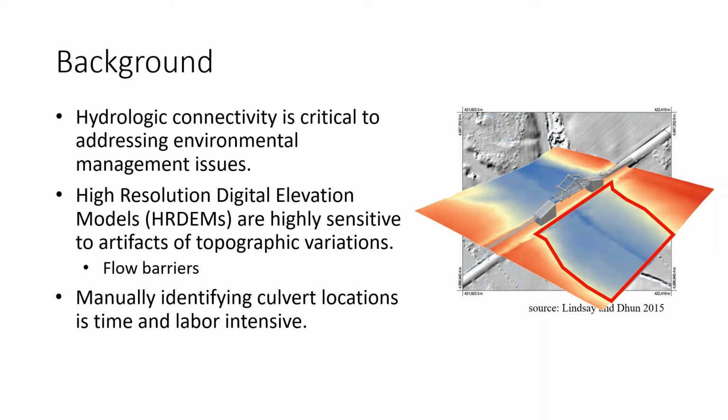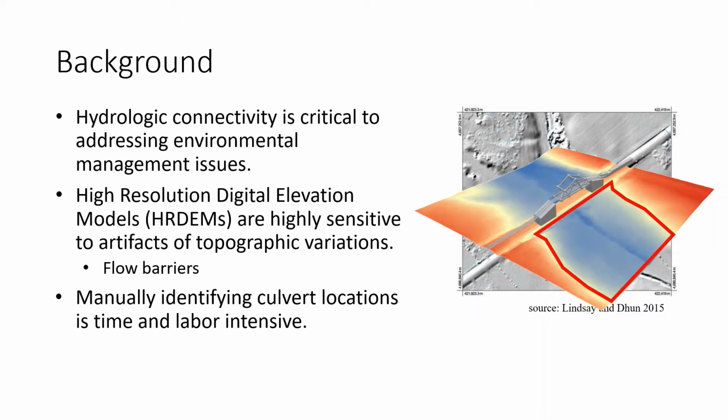Using deep learning in ArcGIS Pro to detect culvert locations on high-resolution digital elevation models is tied to the concept of hydrologic connectivity. Hydrologic connectivity is critical to understanding a wide range of environmental management issues such as nutrient transport and aquatic species passage.